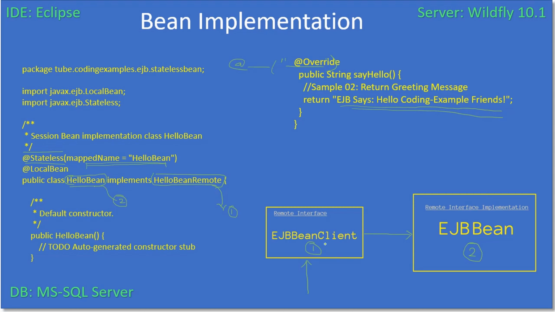The client will make a call to say hello. Say hello is defined in the remote interface, Hello Bean remote, which is defined here in the EJB Bean client project. It will make a call to this EJB Bean client, and the EJB Bean client will invoke the function implemented here. So it will invoke this.